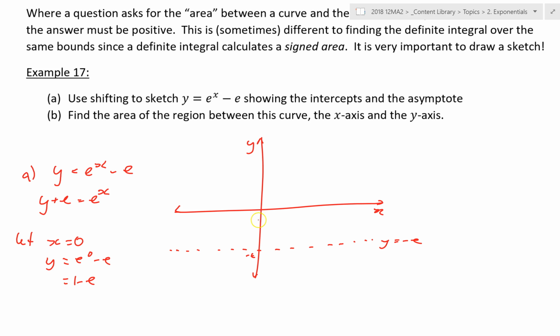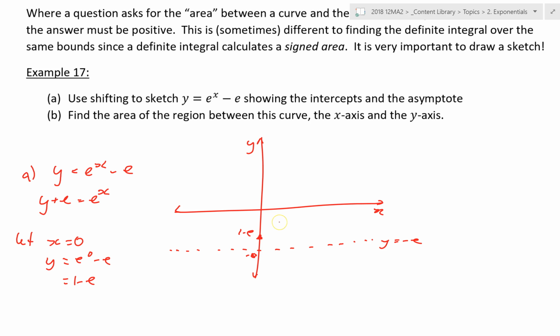So I'm going to cross at 1 minus e, that's about negative 1.7. It's going to be down here somewhere, between the origin and this point here, which is negative e. It's 1 unit above here. So that is 1 minus e is where it's going to cross there.